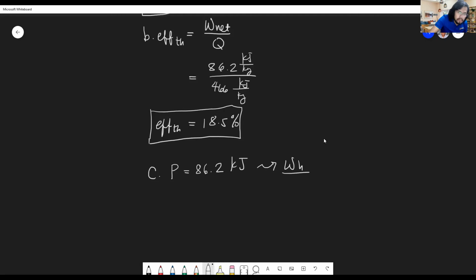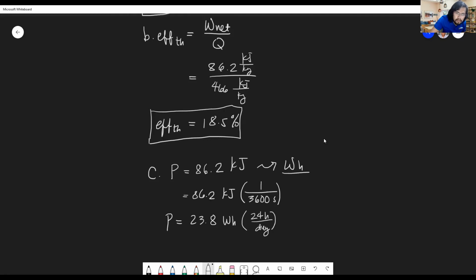So we have 86.2 kilojoules times 1 over 3,600, and we get 23.8 watt hours. To get the per day, it's 24 hours per day.